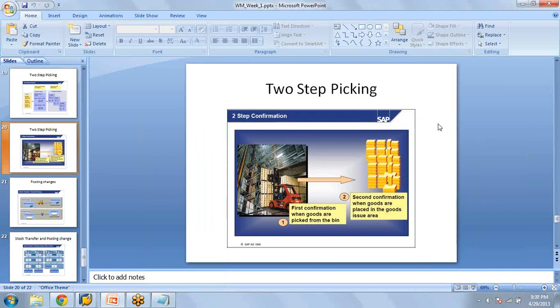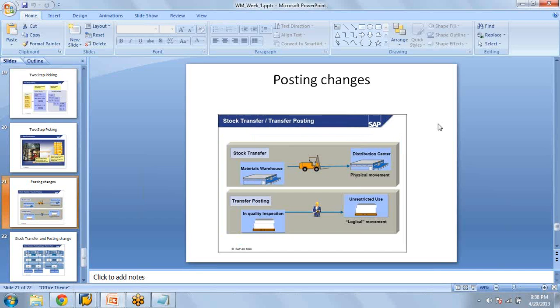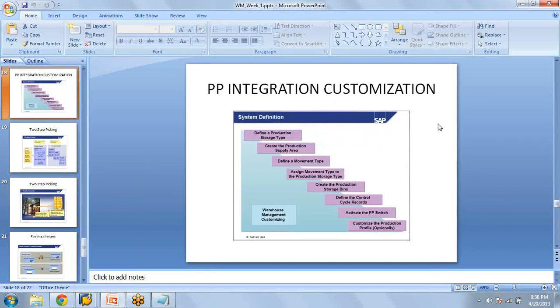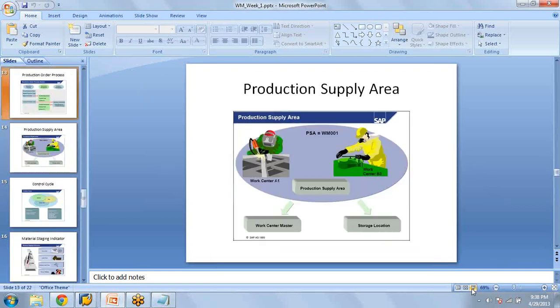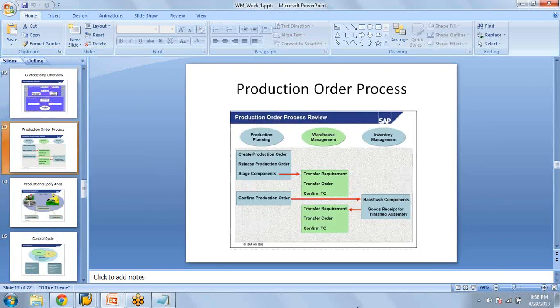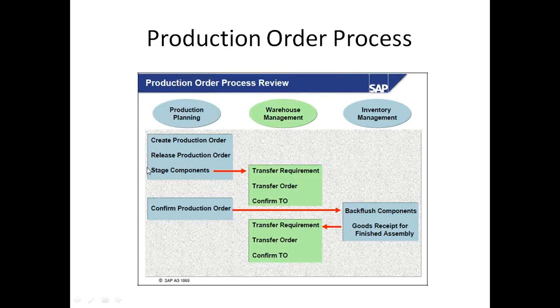Whenever any production order is created, if you see the process here, the production planning is done, and then the production order is created and released.